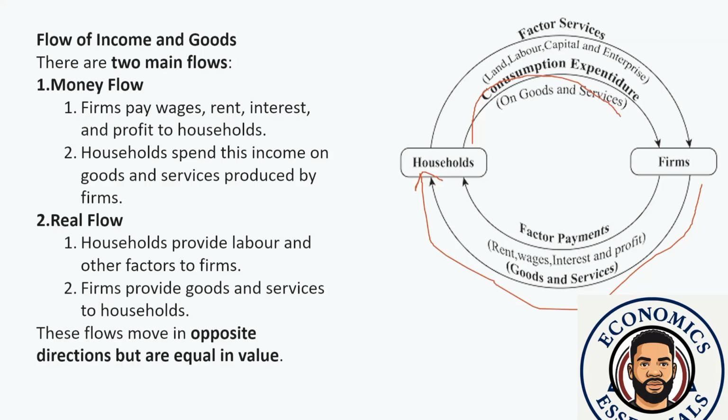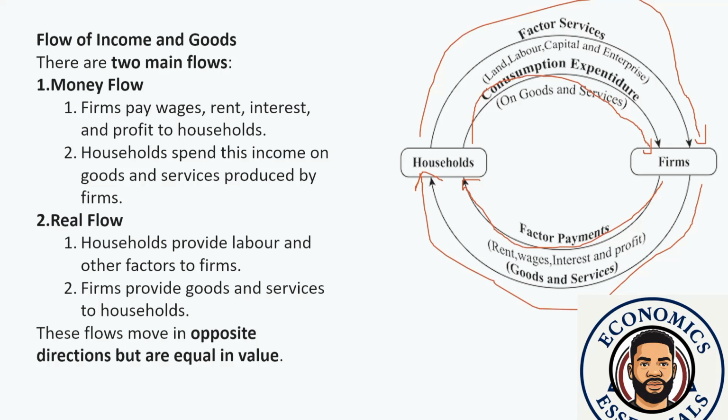You can see here, when the household received the income as wages, remember they gave what? They gave factors of production. Now, when they gave factors of production, they receive income. After receiving the income, they use the income to buy goods and services from the firms. And what does firm give? Firm gives out the goods and services. That's the payment for the goods and services.